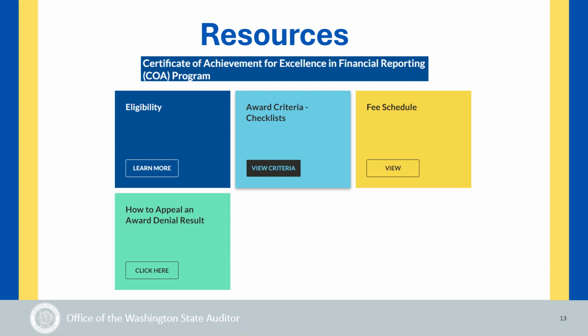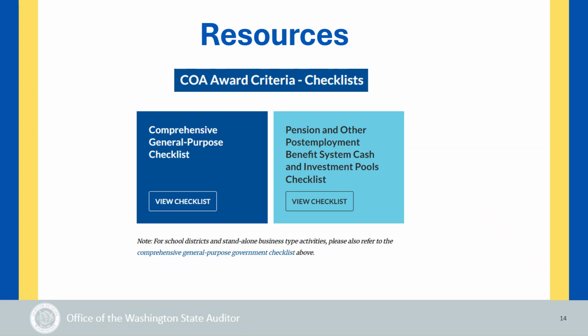You can download the current checklist that GFOA reviewers utilize when reviewing ACFRs for the award by clicking the View Criteria box. There are currently 2 checklists. Nearly all governments will utilize the Comprehensive General Purpose Checklist. By clicking View Checklist, you will download an Excel file that contains the complete checklist of criteria.